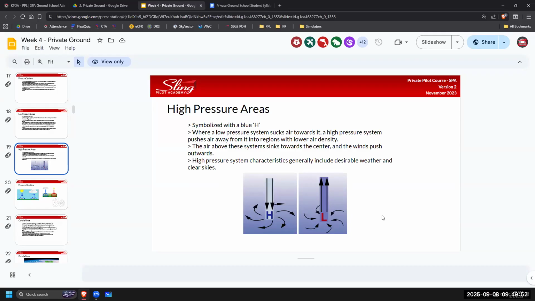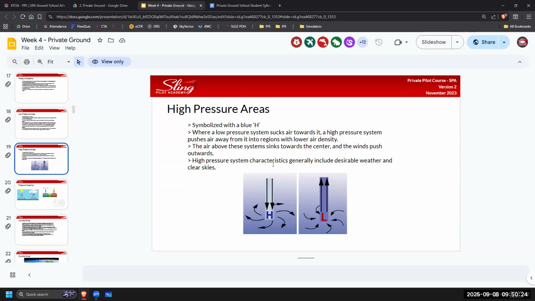Here's a picture to show you what they do. So you see the high pressure area is moving clockwise and down. Low pressure is moving counterclockwise and up. High pressure areas are blue H's. The low pressure system sucks air towards it. The high pressure system pushes air away from it into regions with lower air density.